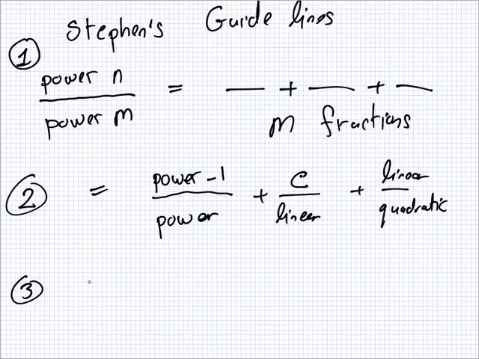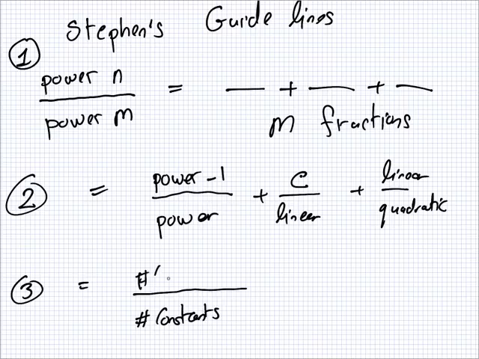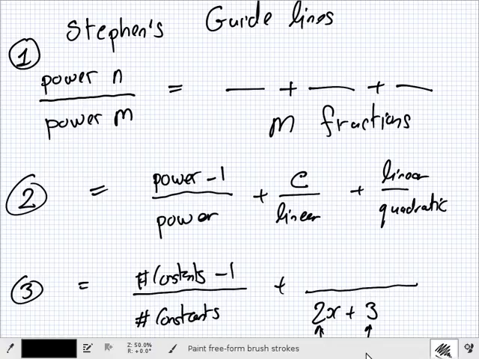The next thing now is the number of constants here and the number of constants here should be 1 less. So for example, if you had here 2x plus 3, how many constants are here? 2 constants.